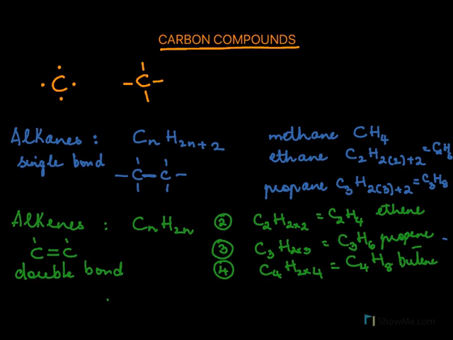Today we are going to learn a new compound, and those are alkynes. In alkynes, at least 1 bond between 2 carbons is triple. And the general formula is CnH2n minus 2, and they have triple bonds.